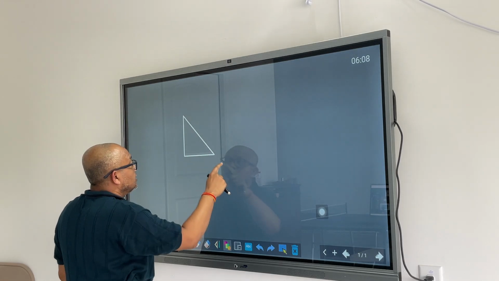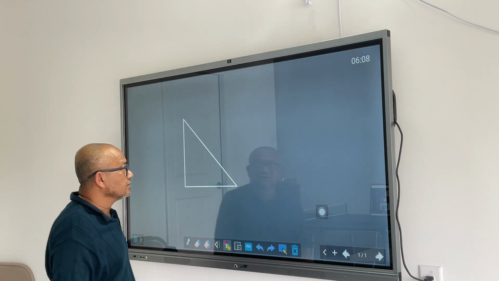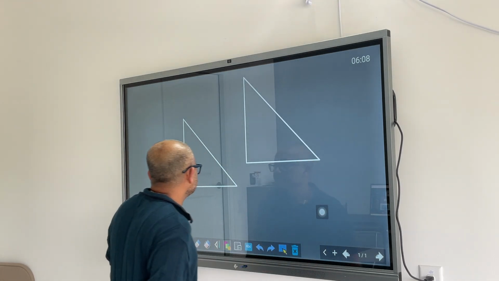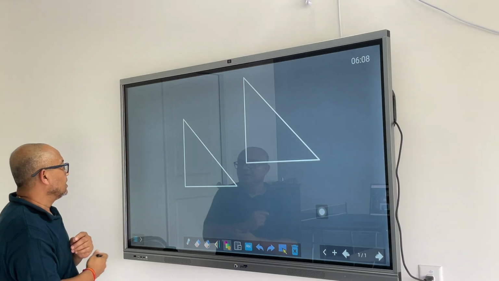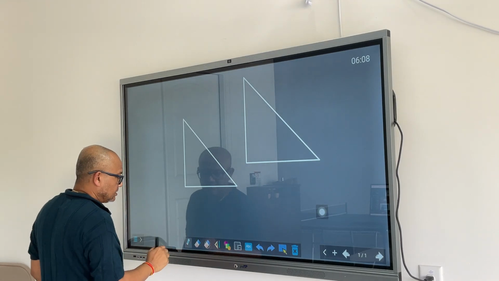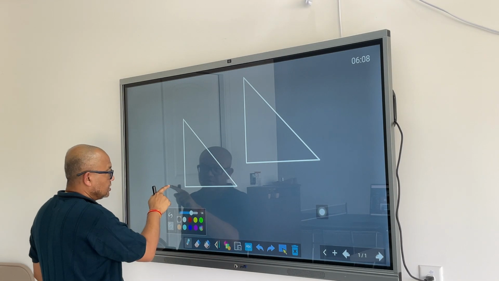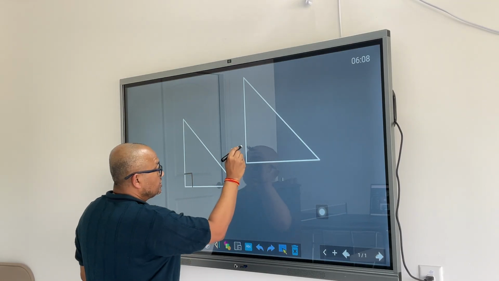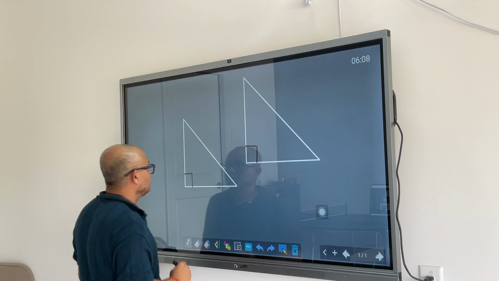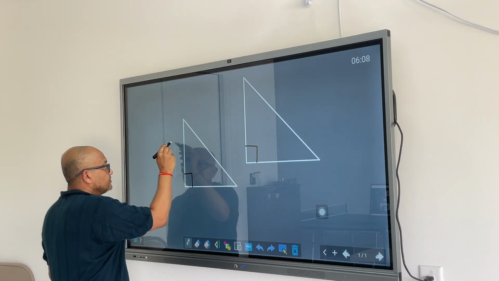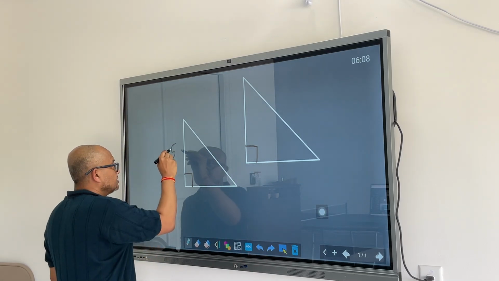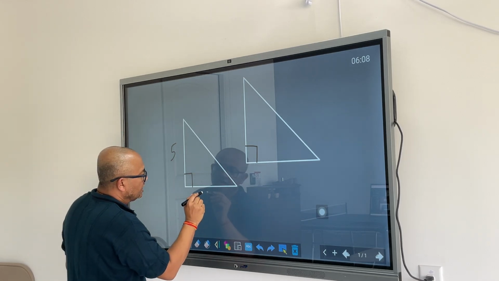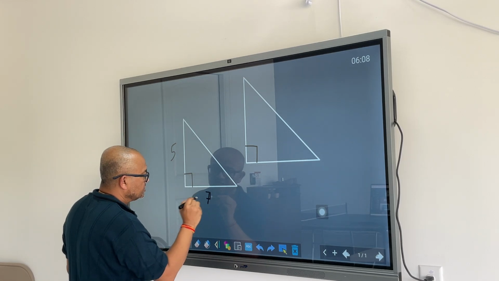So this is one right angle triangle. This is another right angle triangle. So right angle triangle, as you know, this is 5 centimeter. I'm not giving the unit, okay? Let me say this is 5 and this is 7.